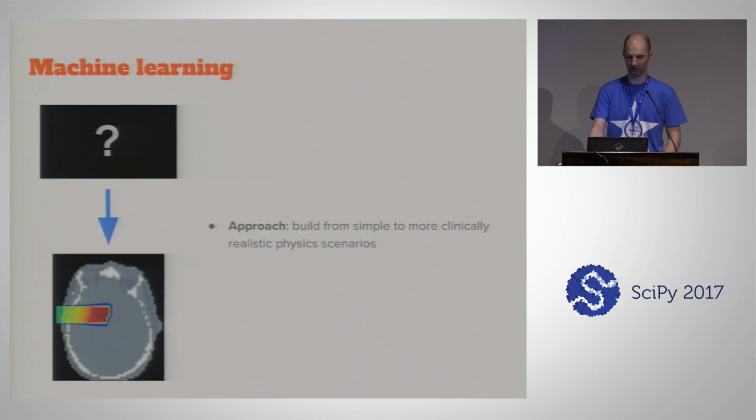And of course, there's a lot of stuff around our algorithm choice and all those things. The approach that I was using for this is essentially to go from simple physics scenarios to more complex ones that get closer and closer to something that is like a clinically realistic scenario.